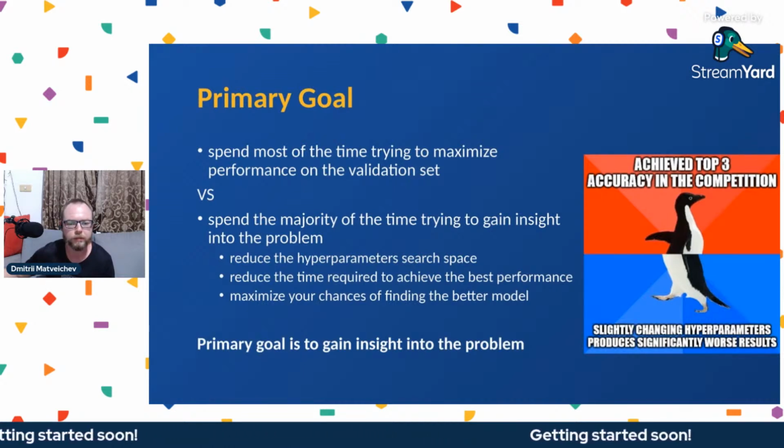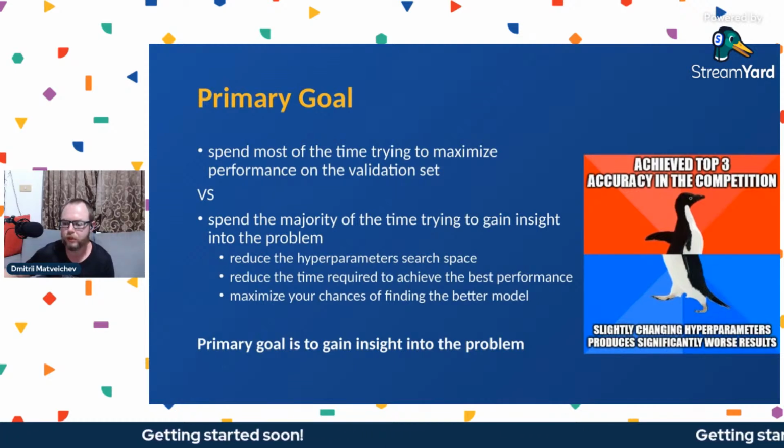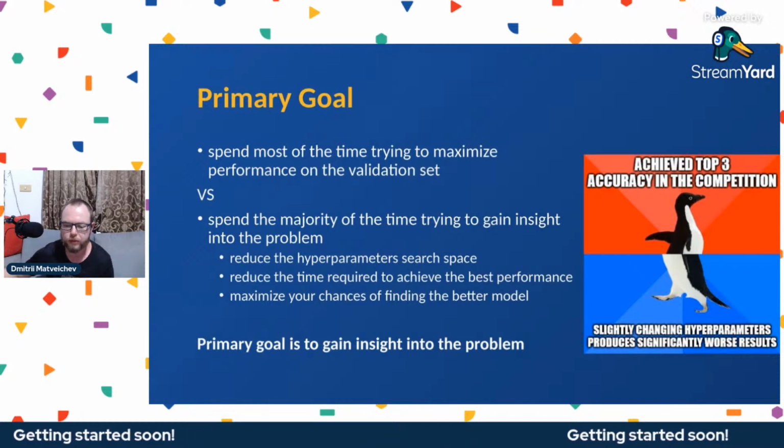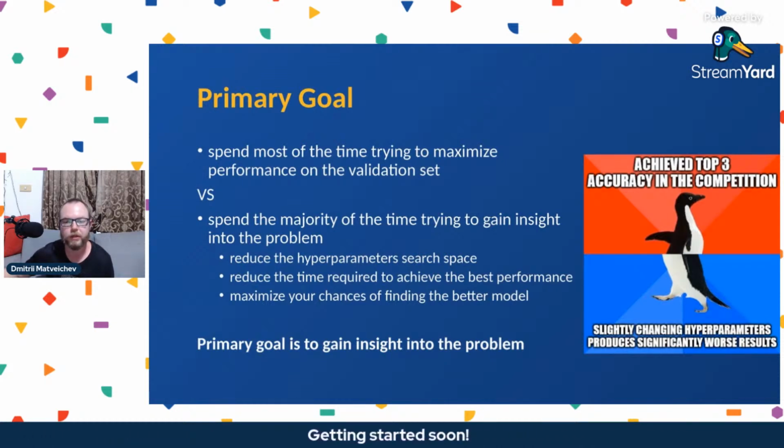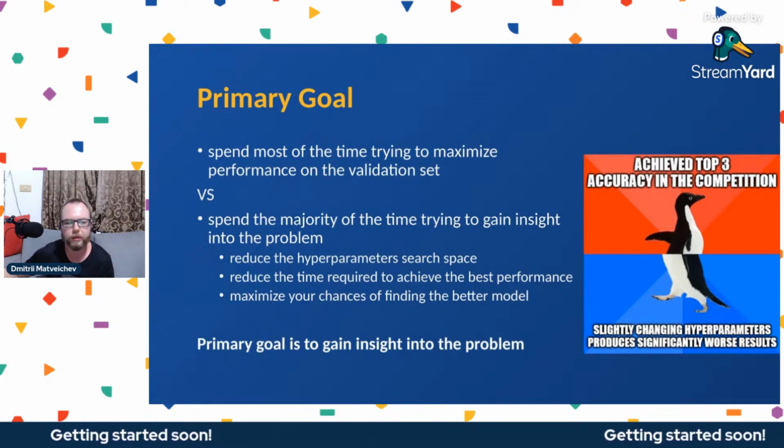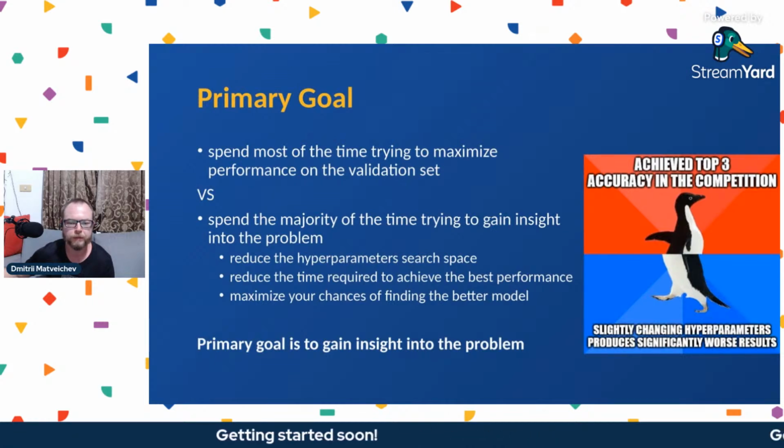And it also will maximize your chances of finding a better model, because the better you understand your model and the overall problem that you are trying to solve, the more your chances to find a better solution. So the primary goal should be not to get the best performance possible, but to gain insight into the problem. Okay.